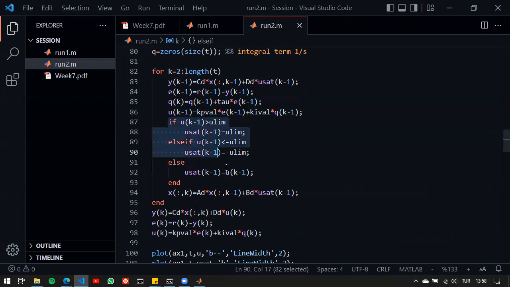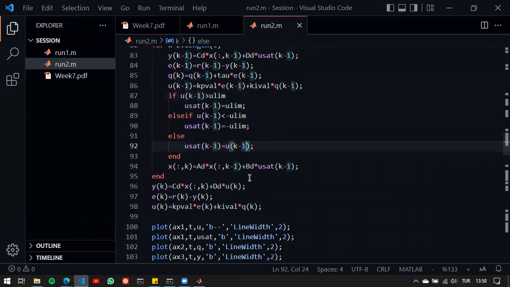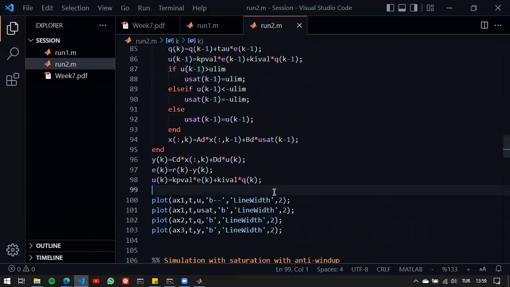You can also implement the slew rate here by using u_k minus u_{k-1} minus u_{k-2}, another backward difference maybe, and then you might limit that difference to a certain value. Then you will implement a slew rate here. But I didn't go into detail because this is already too much code and it might become out of control.